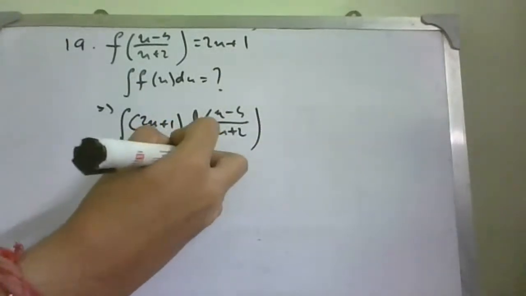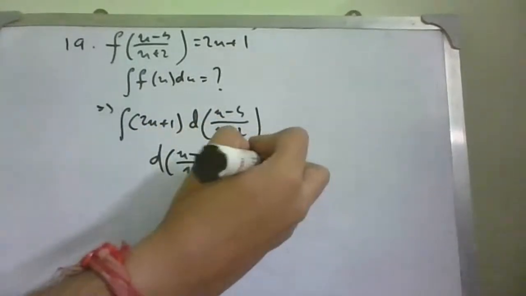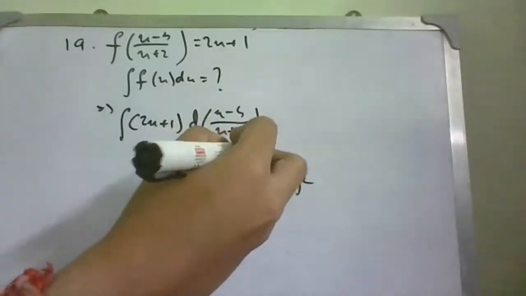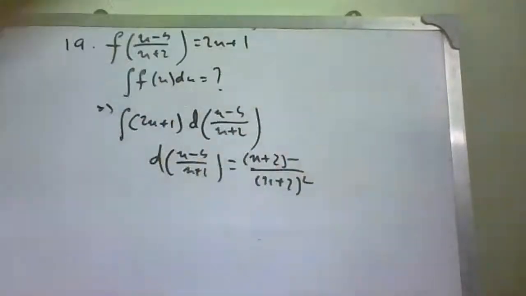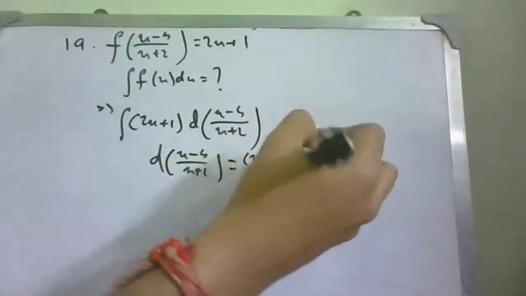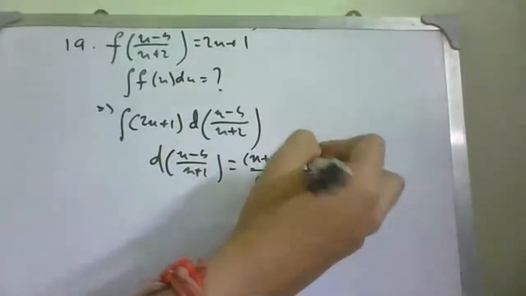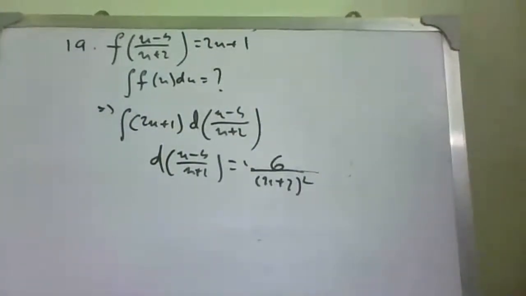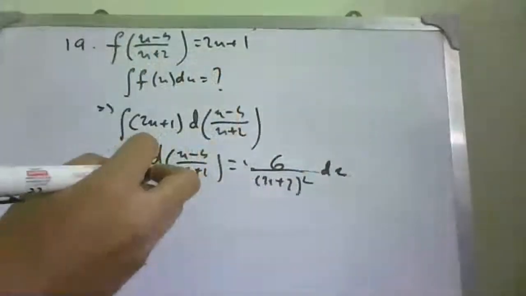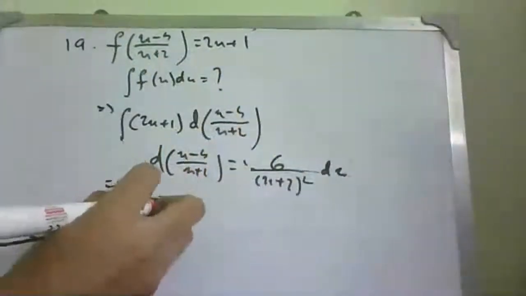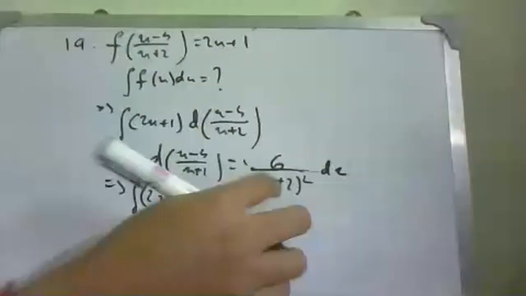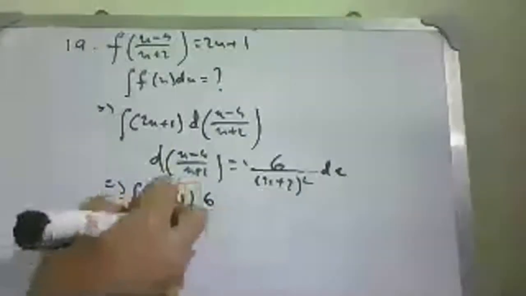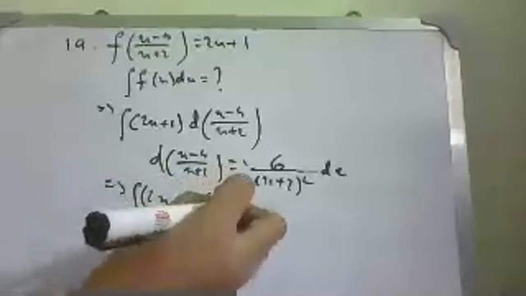So what is it actually? The derivative of (x minus 4) over (x plus 2) is basically (x plus 2) minus (x minus 4) over (x plus 2) squared, so this is basically 6 over (x plus 2) squared dx. Okay. So 2x plus 1 over (x plus 2) squared dx.